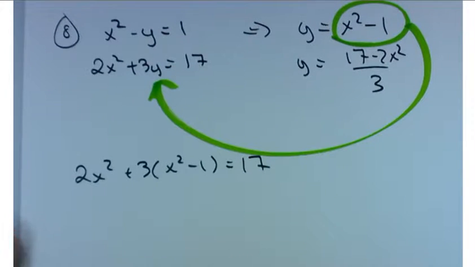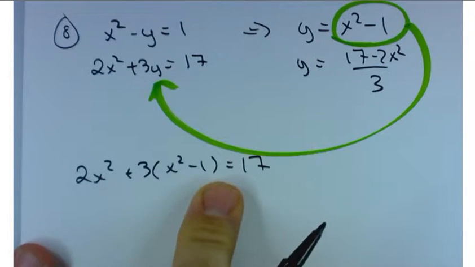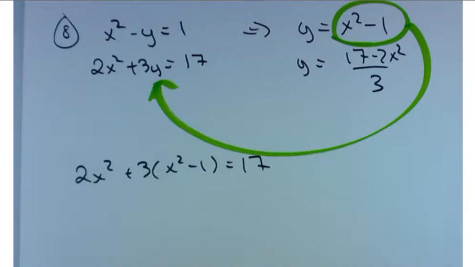Did that gain me anything? Did that help out in any way? Yeah, I lost the y. And what's nice is that even though it's not necessarily a pretty equation, it's still a quadratic equation. At the end of the day, you've got the quadratic formula that can solve a quadratic equation.